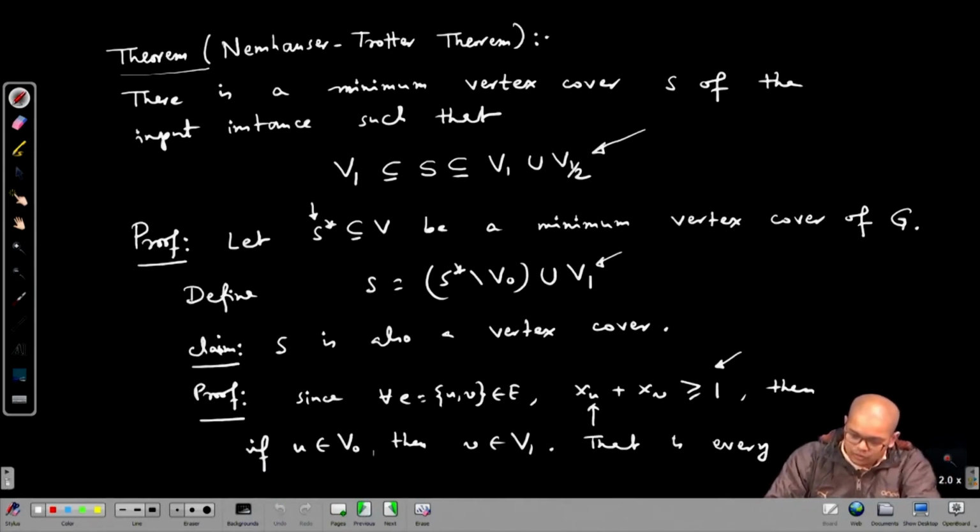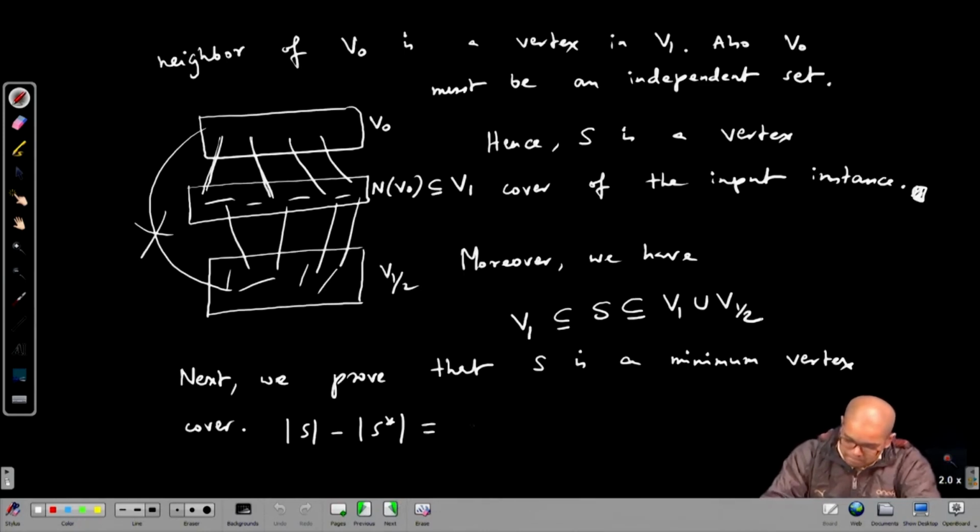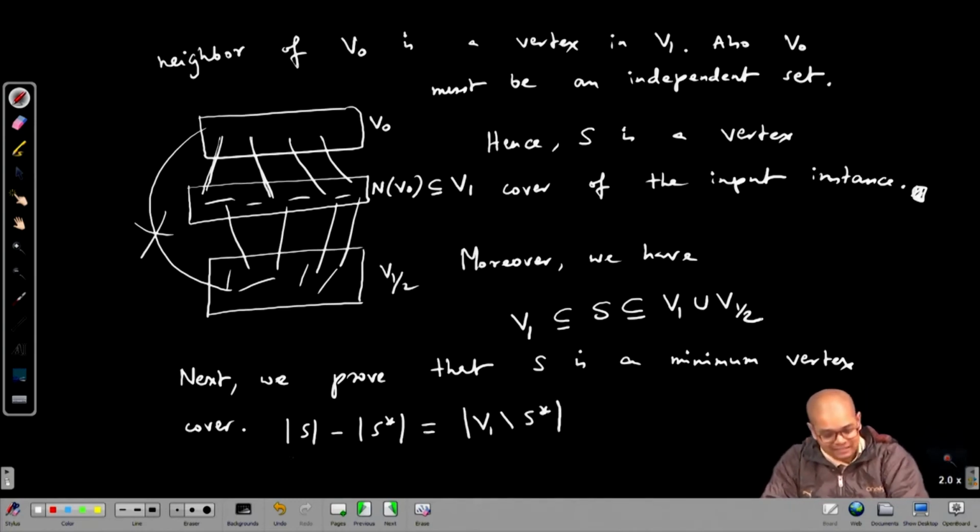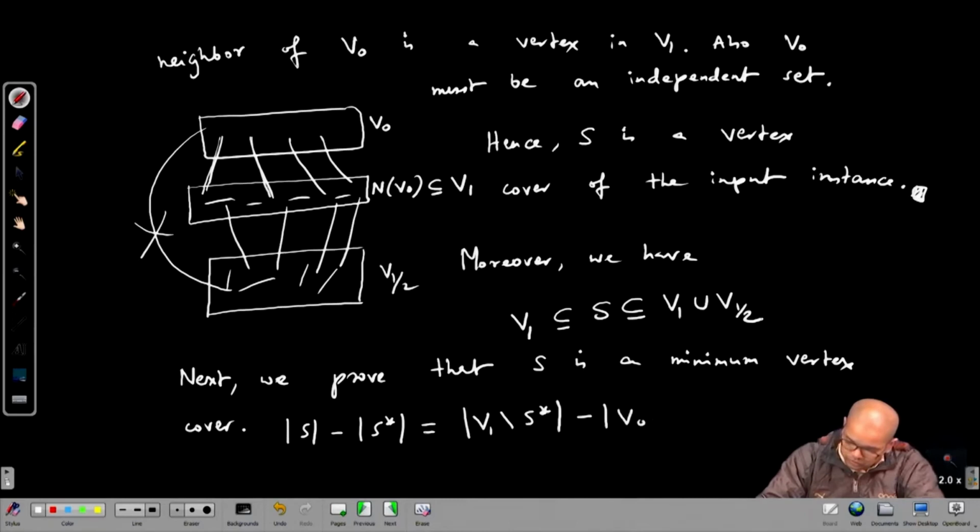What are the vertices which are in S but not in A star? These are the vertices in V1 minus A star. Minus, now there are some vertices which are in A star but not in S, which are V0 intersection A star, because we have removed all the vertices in V0.